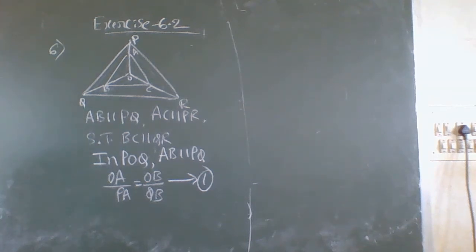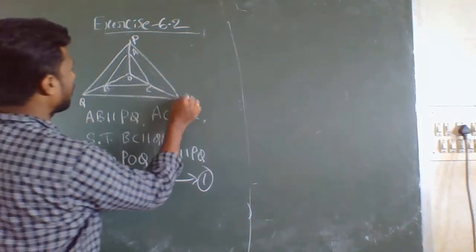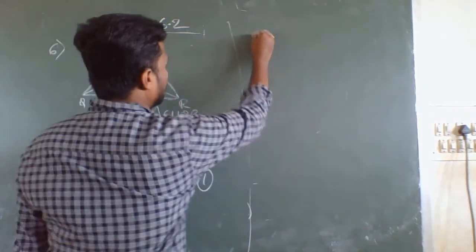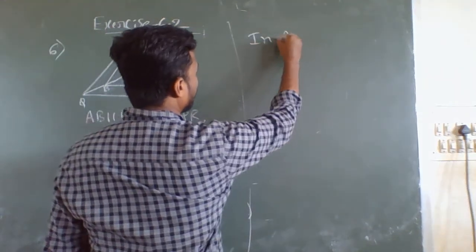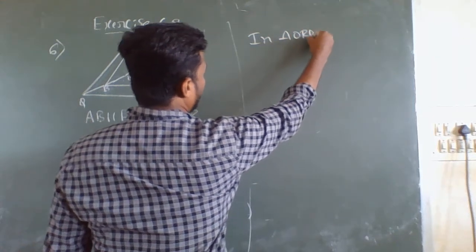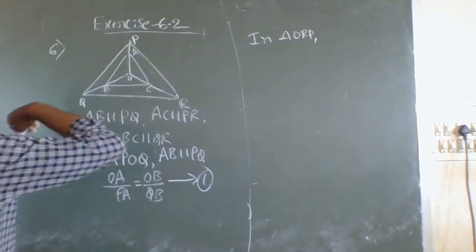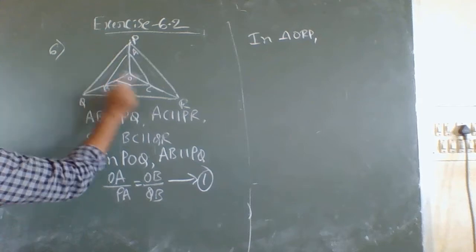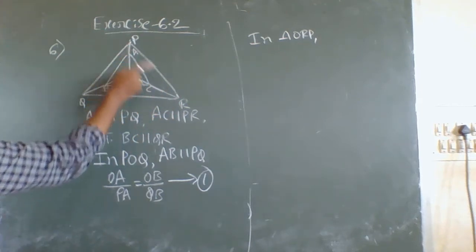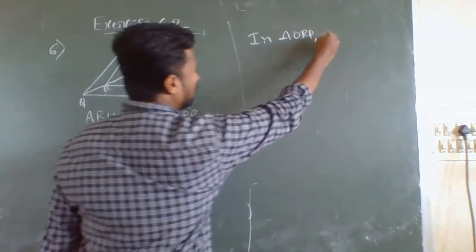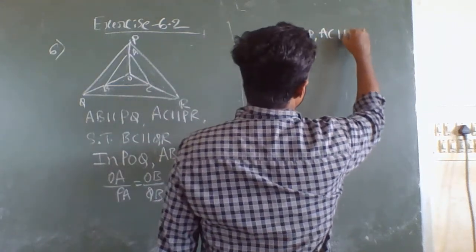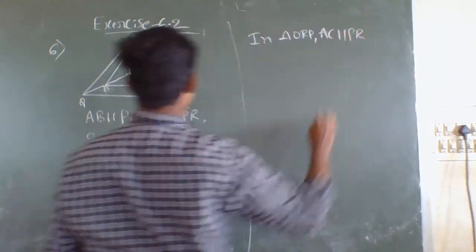Again I will consider another triangle, ORP. In triangle ORP, which are the parallel lines? AC is parallel to PR. They have given that AC is parallel to PR.